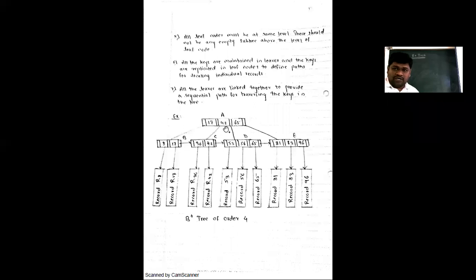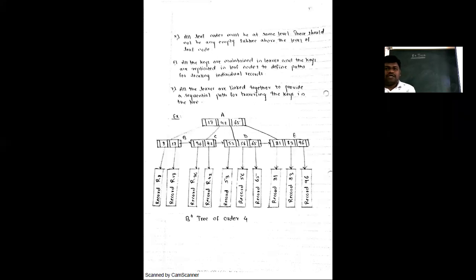Now here the difference is, whatever the leaf nodes we are considering, is the diagram visible to all? Yes sir. Okay. Now all leaf nodes must be at the same level. In the B tree, the leaf nodes are not necessarily at the same level, but here all the leaf nodes we have to consider at the same level, right?